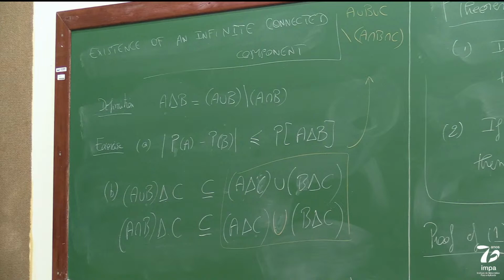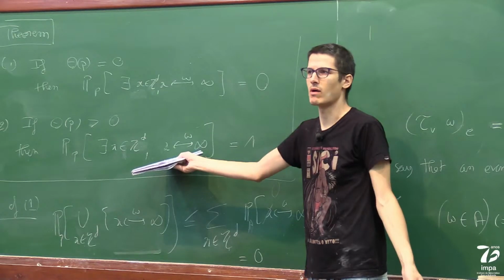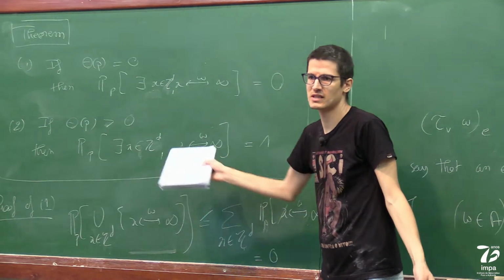Okay, then what we have, there is a second ingredient that you need. So here we have said that this event has probability 0 or 1. We have to check that it has probability 1.